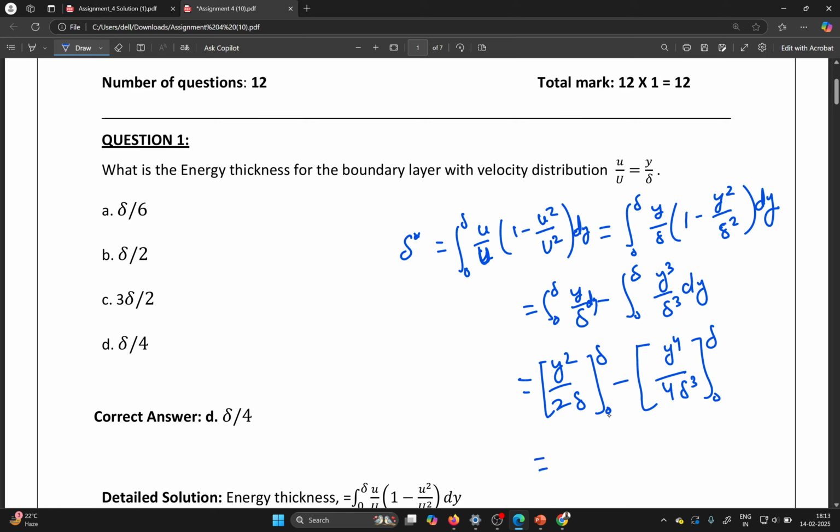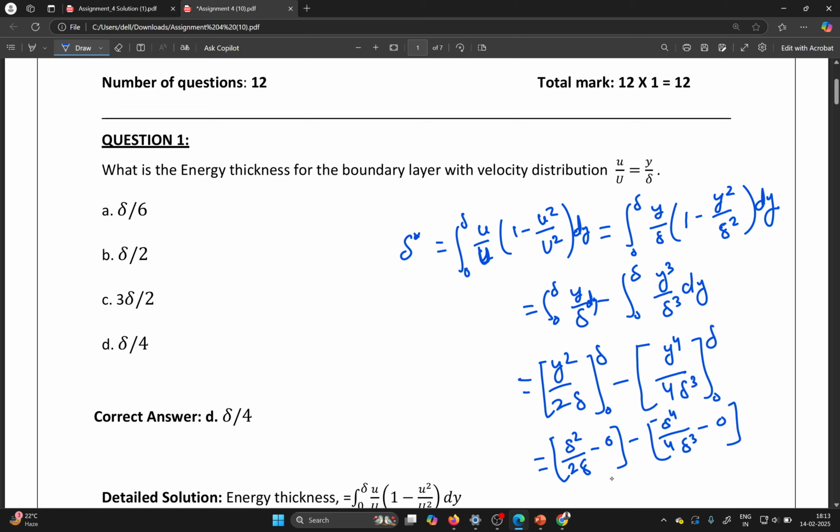Lower limit is 0, so we will not write it here, only the upper limit. If you put the upper limit, delta square by 2 delta, and minus the lower limit, when you put 0 it will come 0. Similarly here, delta to the power 4 divided by 4 delta cube minus the lower limit.